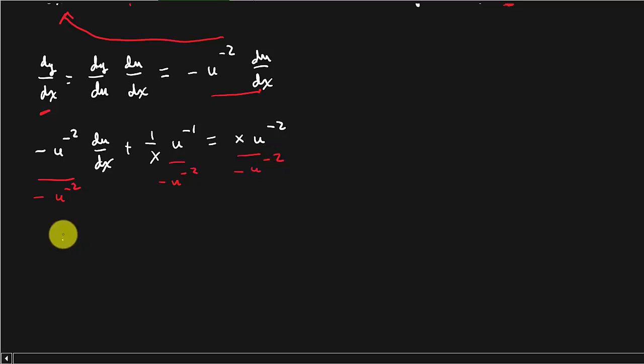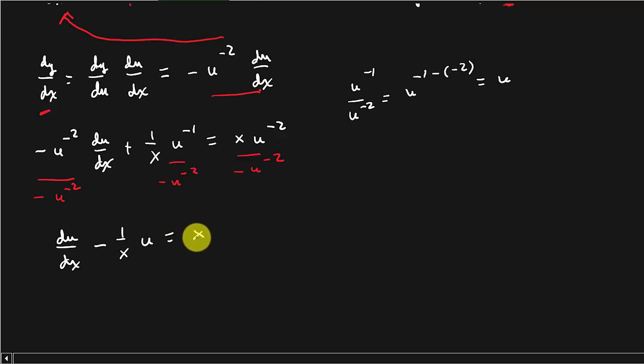This is going to give me du/dx plus, no, not plus, minus, the minus and the plus make a minus, 1 over x, and over here, remember, that's u to the negative 1 minus negative 2, which is just u to the first power. Okay, and so that would be u equals x.